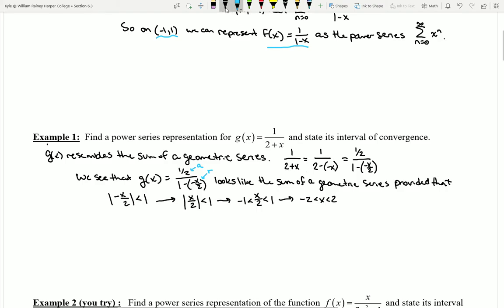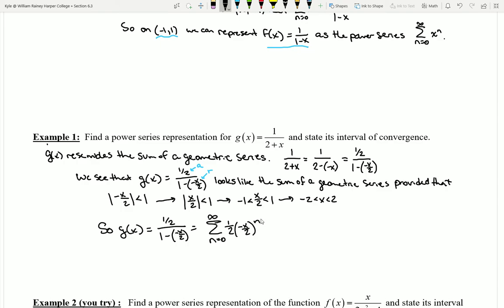So what this really means is that we could go ahead and state the following. We could say g of x, which again is equal to a half over 1 minus a negative x over 2, should be equal to this geometric series. Notice I'm going to write it in the basic geometric form of a times r to the power of n.